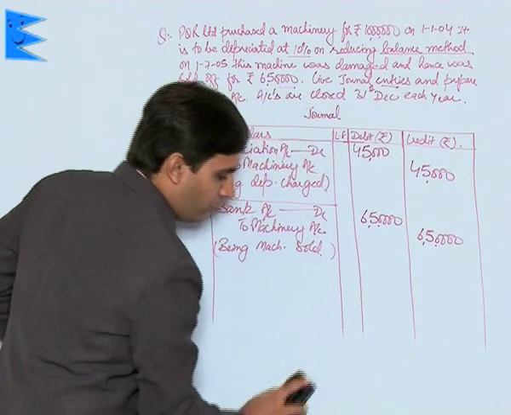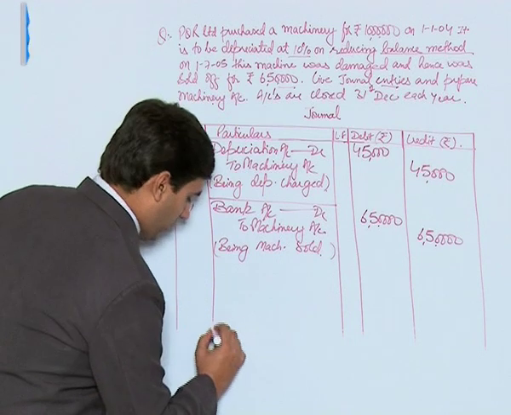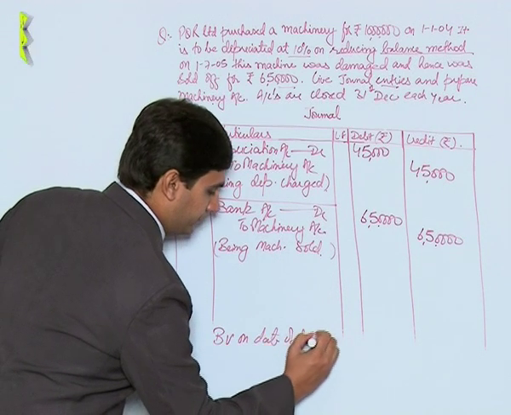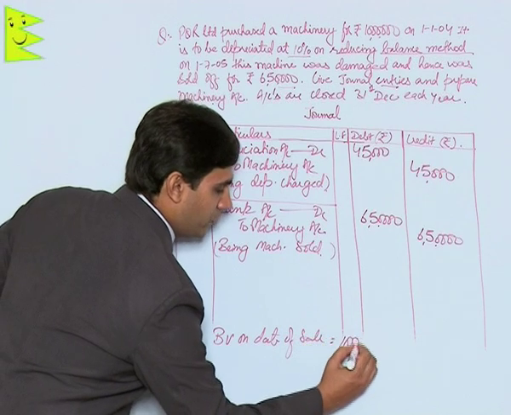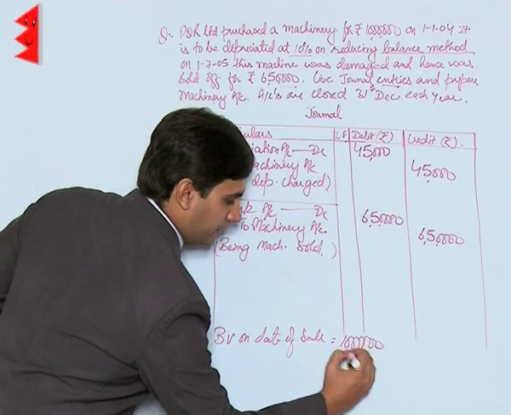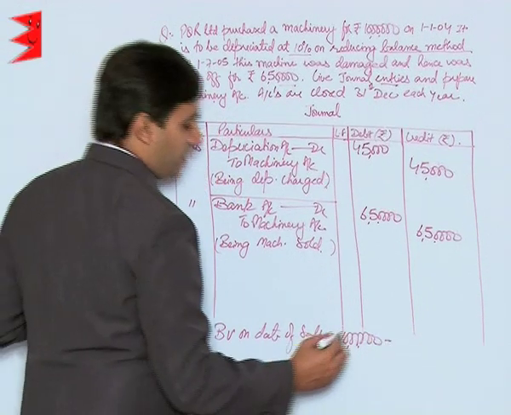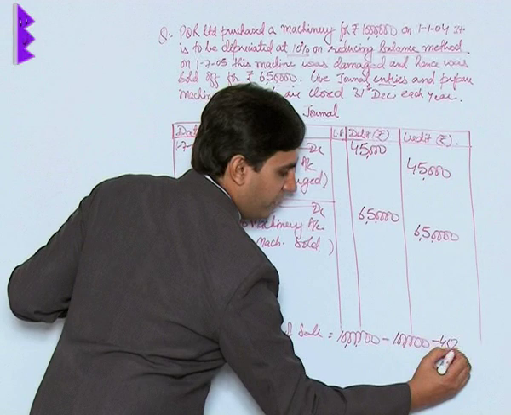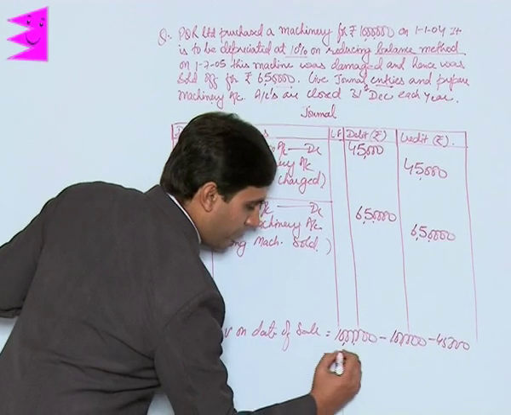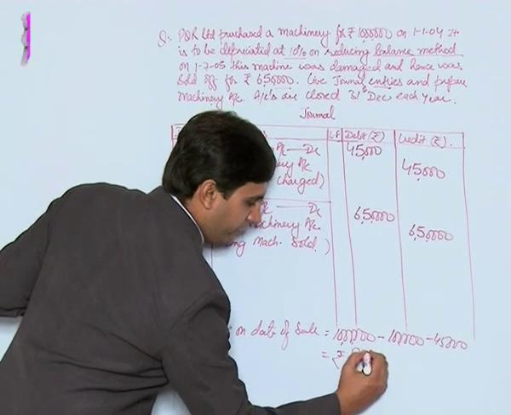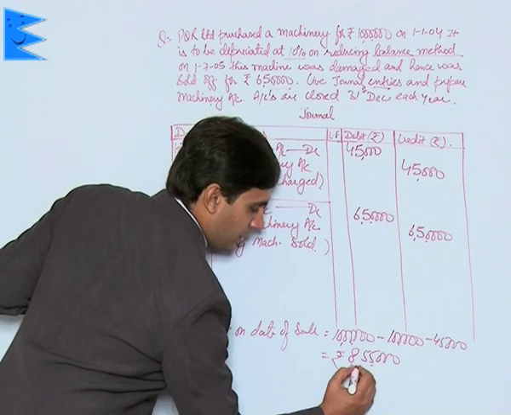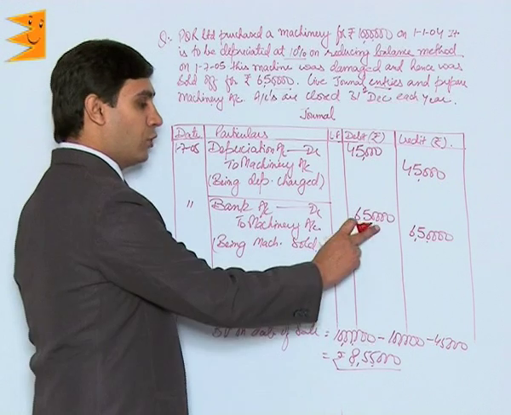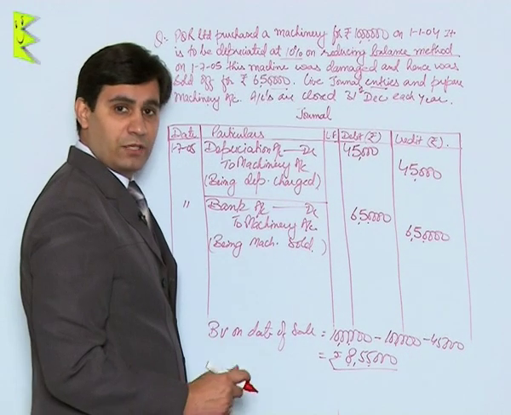Let us calculate the book value of machine on the date of sale. This machine was purchased for rupees 10 lakh. Depreciation for first year was 1 lakh and for second year it was 45,000. So the book value is rupees 8 lakh 55,000. A machine worth rupees 8 lakh 55,000 has been sold for rupees 6 lakh 50,000.